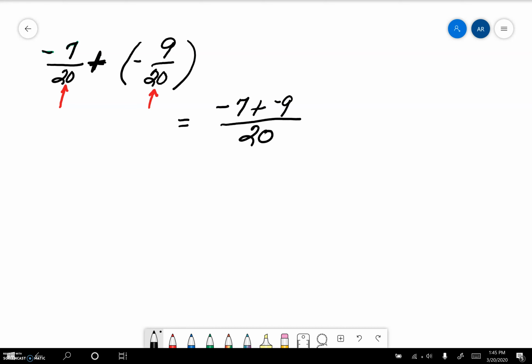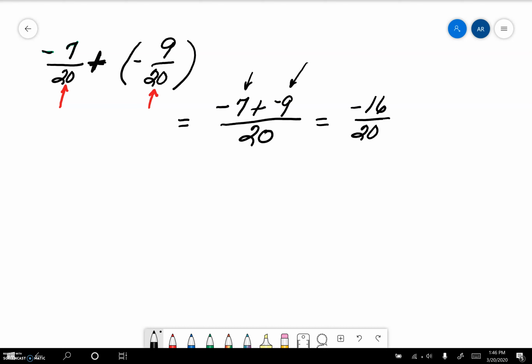So now we have to apply our integer rules, and we've learned that when we're adding two negative signs, we just add them up and take that negative sign. So our answer to this would be negative 16 over 20.